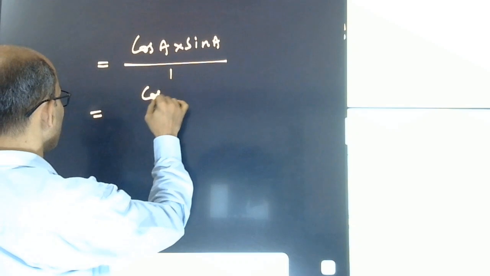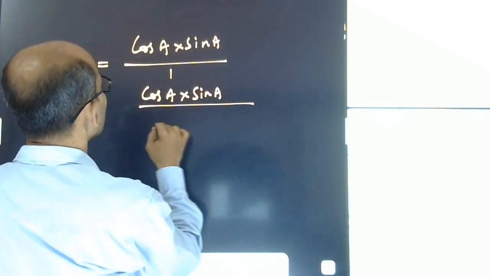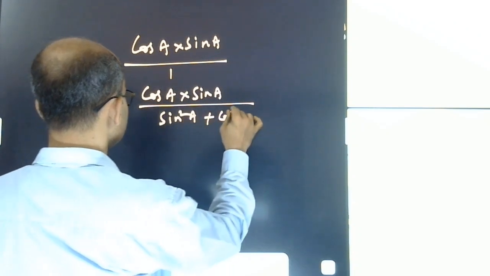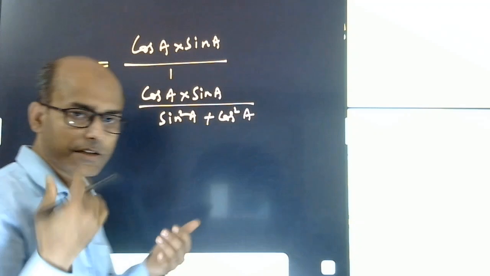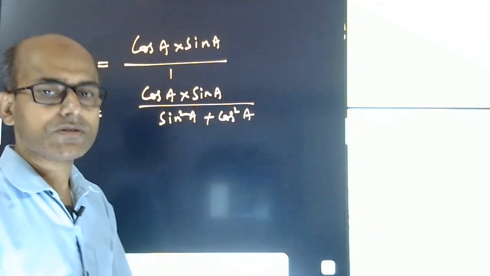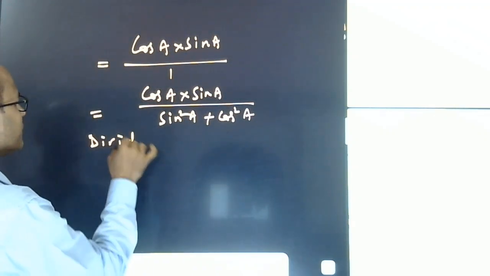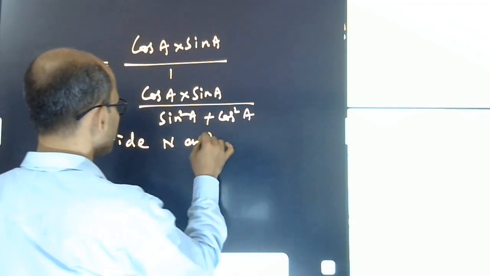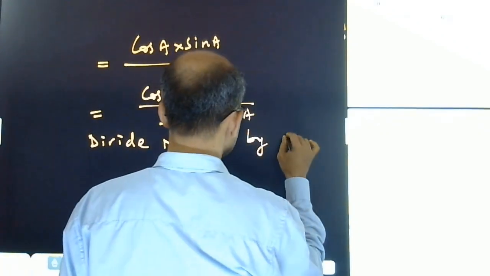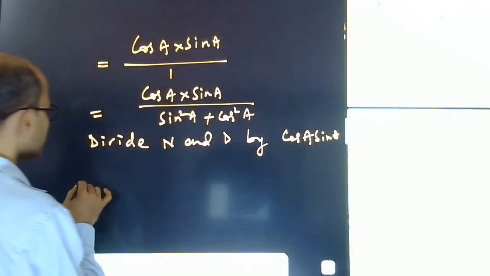So cos A multiplied by sin A divided by sin square A plus cos square A. We are required to just divide the numerator and the denominator by cos A sin A. What will happen in this situation?